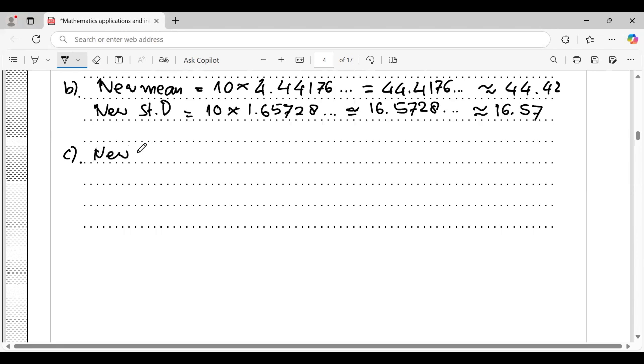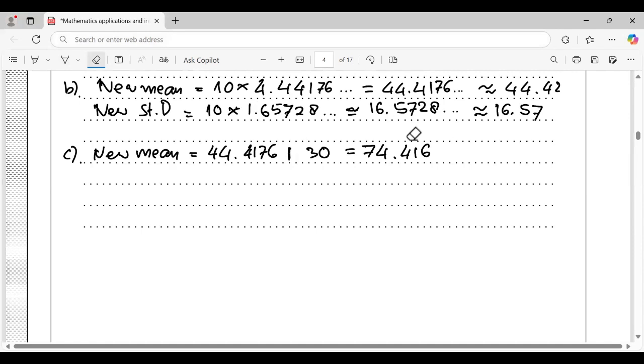The new mean is 44.4176 plus 30, which equals 74.4176. Rounded off, it becomes 74.42.